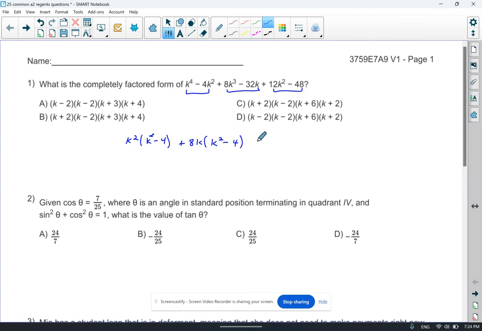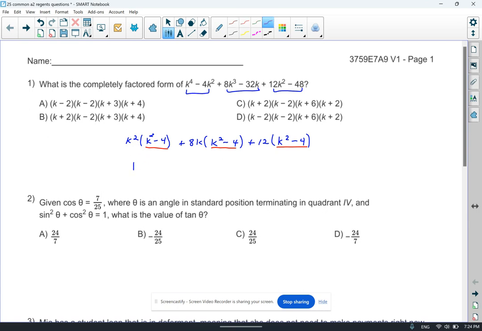And in the last group, I can factor out a positive 12, and I'm left with k squared minus 4. So notice that I have a common binomial of k squared minus 4 with each of the terms. Therefore, I know the grouping works with pairs in this case.